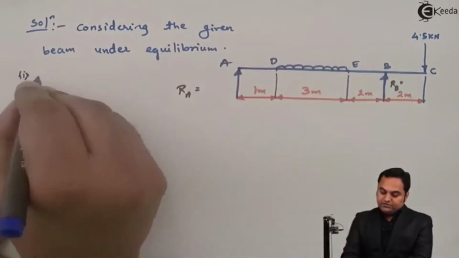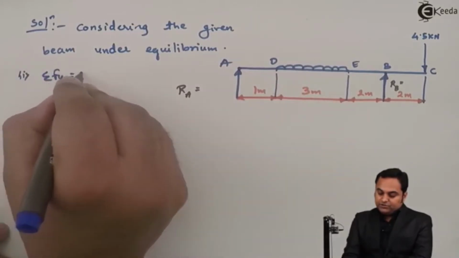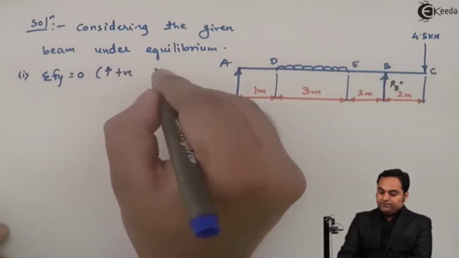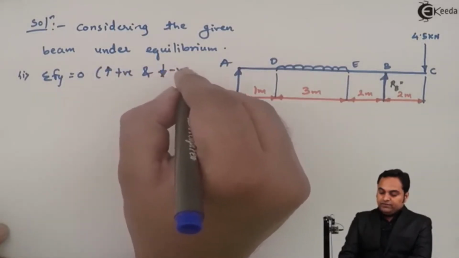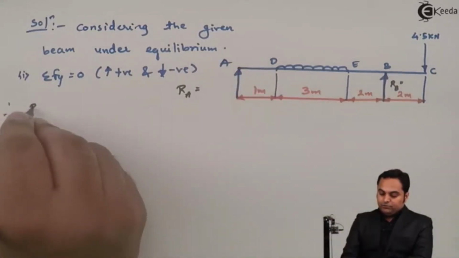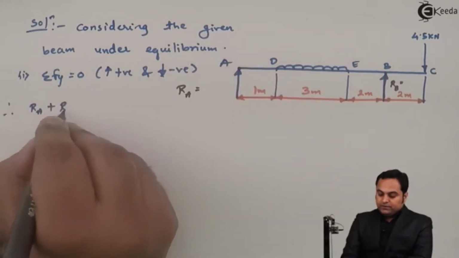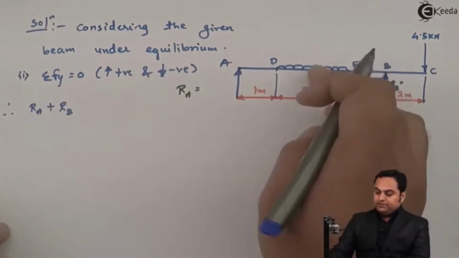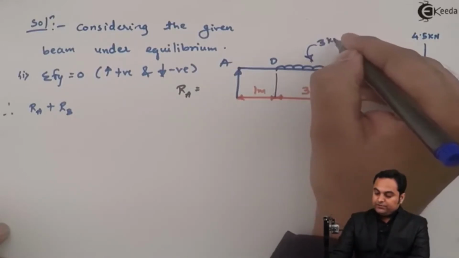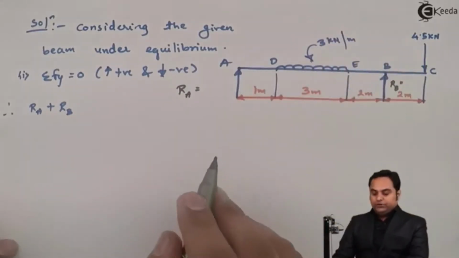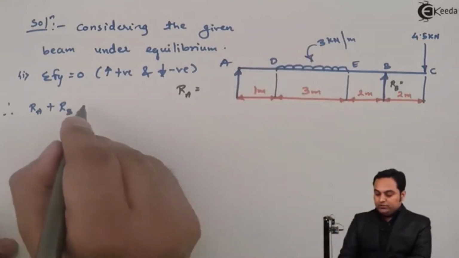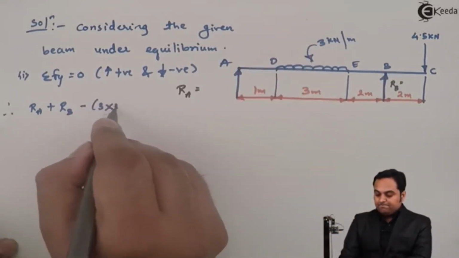and using the first condition of equilibrium, that is, summation of Fy is equal to 0, where upward forces are positive and downward forces are negative. So we have RA and RB both upward, so positive, RA plus RB. Then this UDL value is given as 3 kilonewton per meter. If I convert this into a point load, it will be 3 into 3 and it will be acting downwards, so minus 3 into 3.